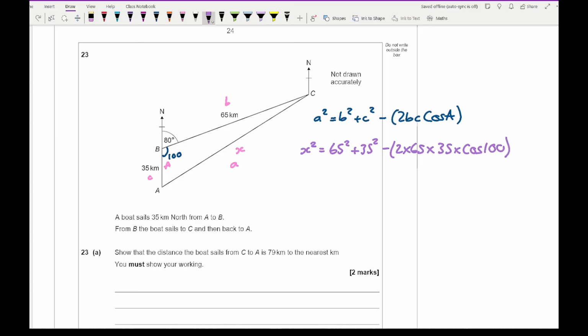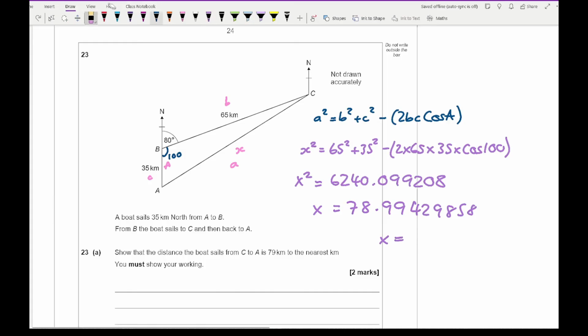Typing that into my calculator, I get an x squared value of 6240.9099208, and then I square root that answer and I get x equals 78.99429858, which, rounded, gives me 79 to the nearest whole number, and there is my answer for part A.